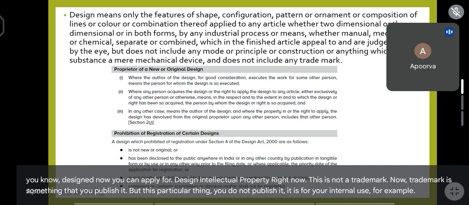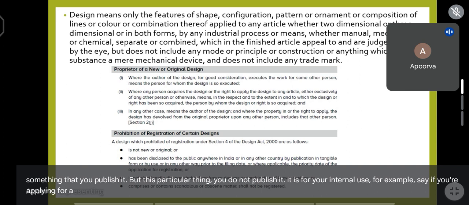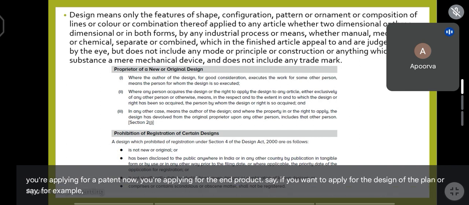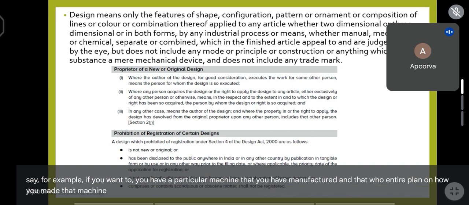For example, if you're applying for a patent, you're applying for the end product. Say you want to apply for the design of the plan. For example, you have a particular machine that you have manufactured, and the whole entire plan on how you made that machine. That step by step process can also be patented.